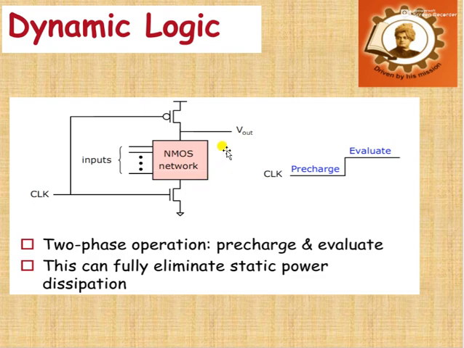The other one, the NMOS, is called the evolution MOS or foot transistor, and it is used for evolution purposes. When the clock is low, the precharge transistor is on and the foot transistor is off. When the clock is high, the PMOS will be off and the NMOS or foot transistor will be on, so that the output voltage is either discharged by the N channel driver network or left at a high voltage depending upon the input combination applied at the driver input circuit.